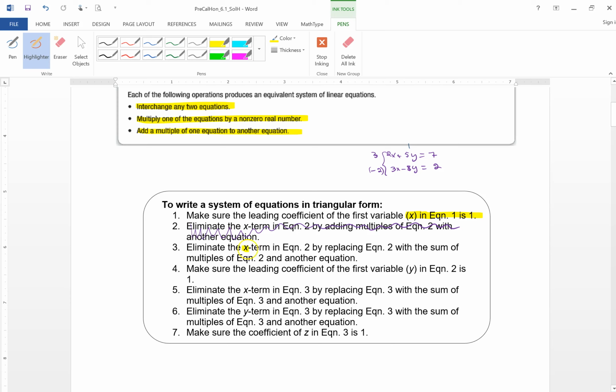Then, you eliminate the x term in equation 2. You eliminate the x term in equation 3. You eliminate the y term in equation 3. And then you make sure all your coefficients are 1.